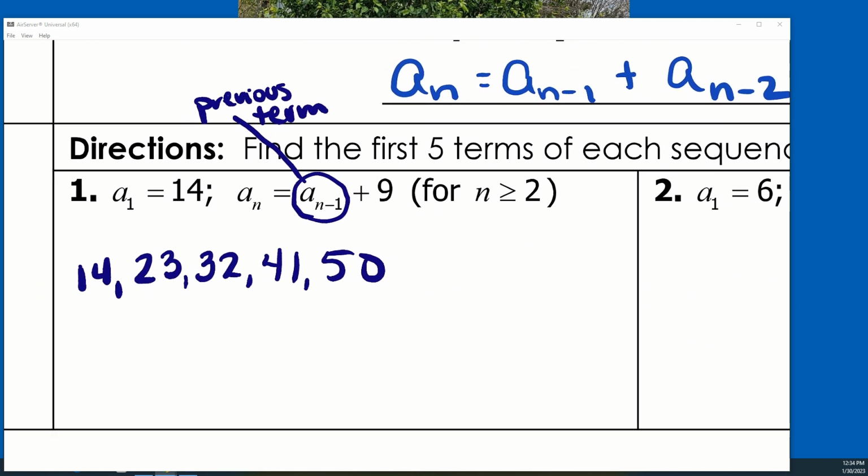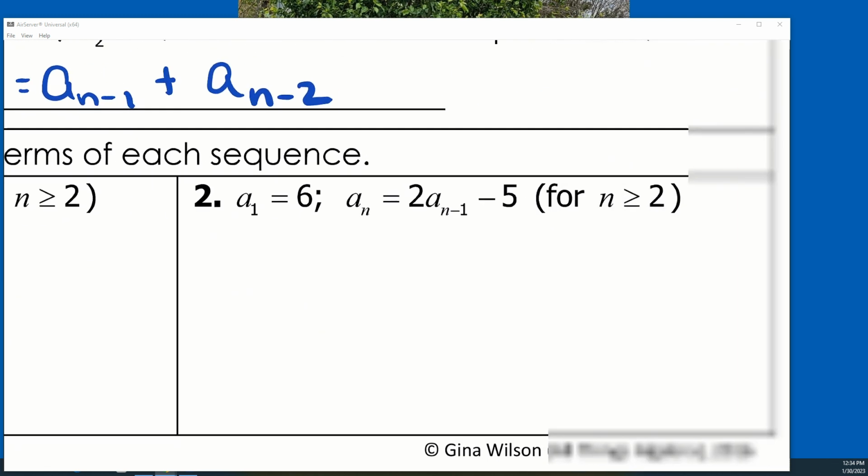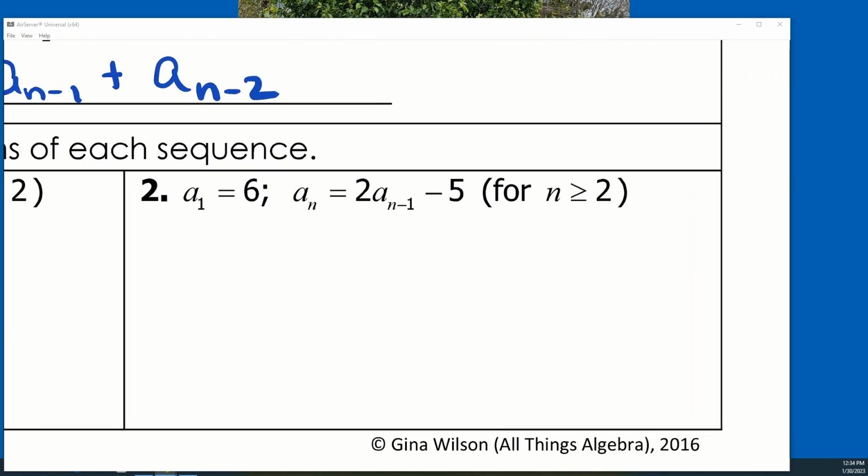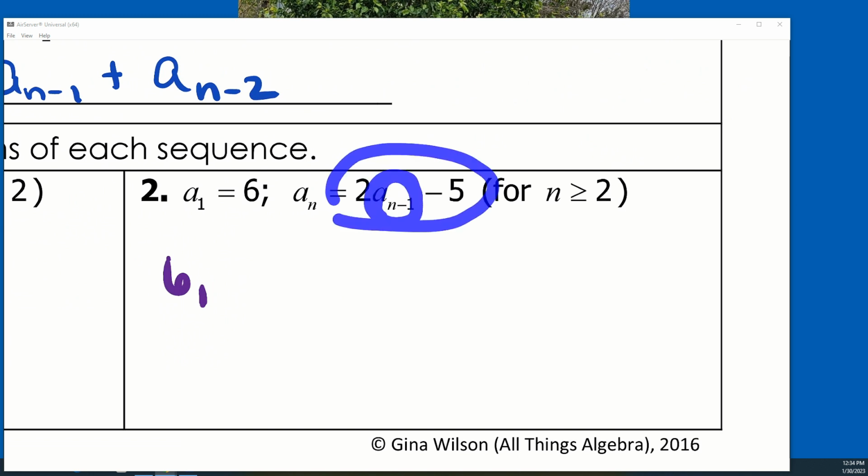All right, so let's look at number 2. It's a little more complicated, but we still already know the first term is 6. So we got that. And then this tells us what to do to the previous term. So what's the first thing you're going to do to the previous term? That's the second thing you're going to do. So the first thing you're going to do, it's okay, is multiply by 2.